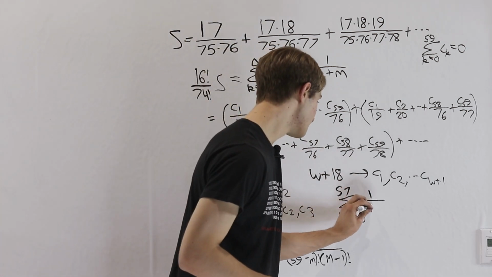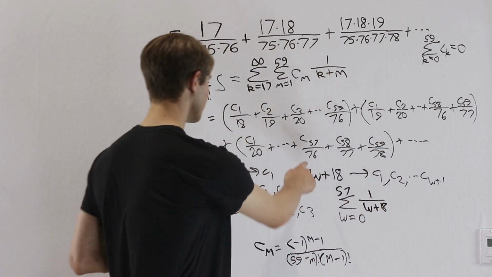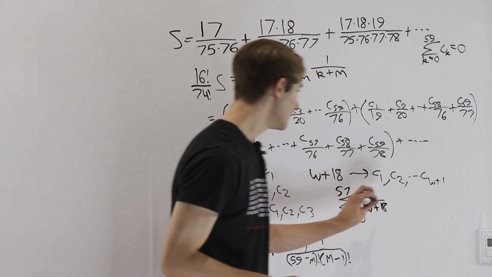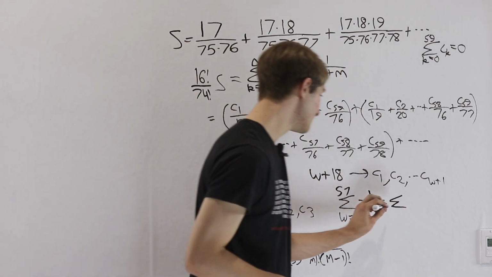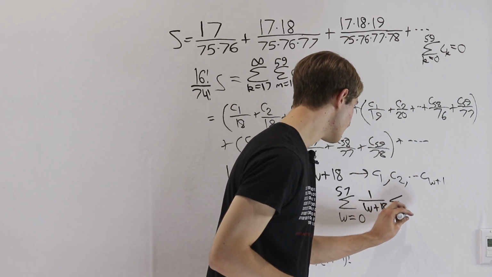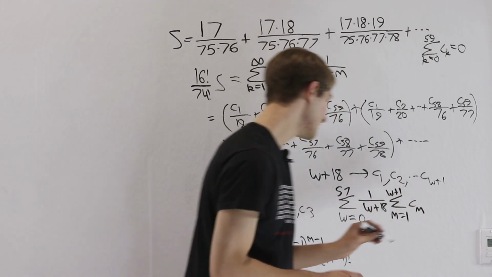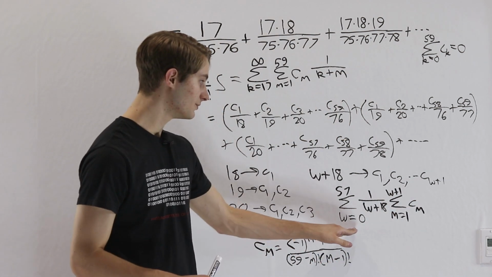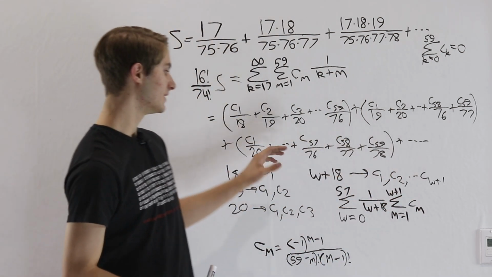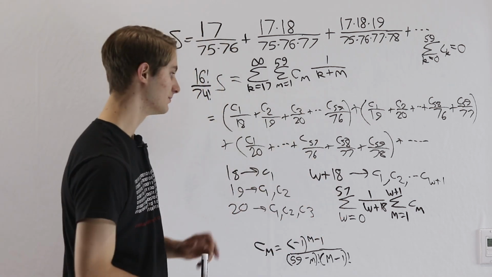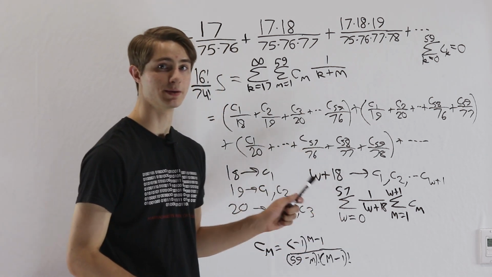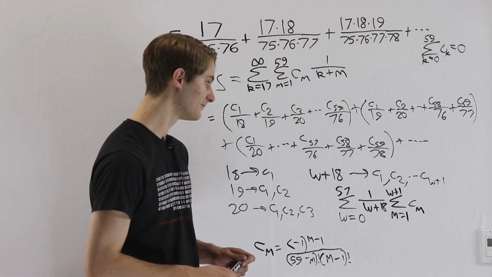Then we have 1 over w plus 18 as this denominator constant here, and then that gets multiplied by the sum from m equals 1 to w plus 1 of c sub m. And notice now that we've written our infinite sum as a finite double sum, which means we are indeed making progress towards solving this problem.